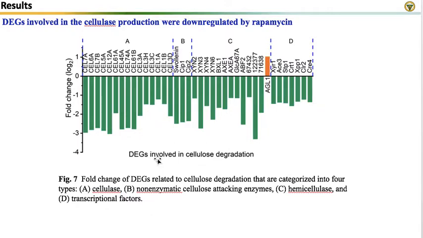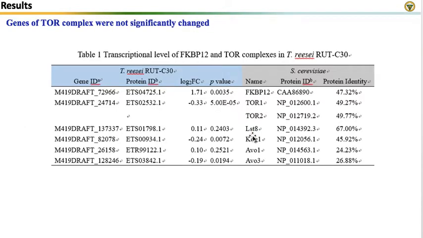We also see that the DEGs involved in cellulase production were downregulated by rapamycin. Among the 39 DEGs involved in the cellulase production, only one was upregulated. This is in agreement with the decreased cellulase production and the protein secretion. And as TOR is the target of rapamycin, we also analyzed the expression level of the TOR complex.